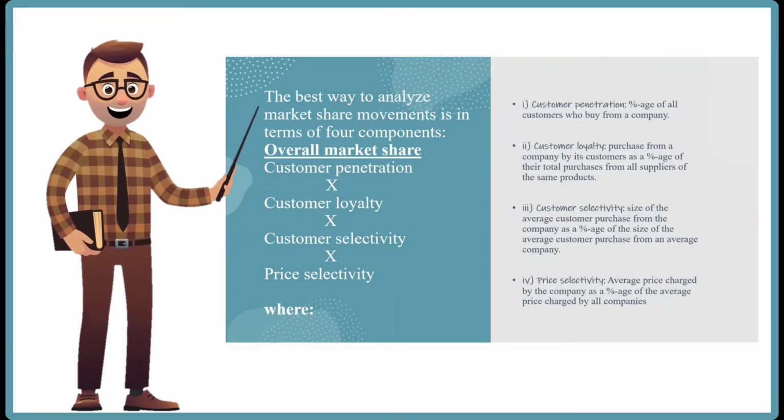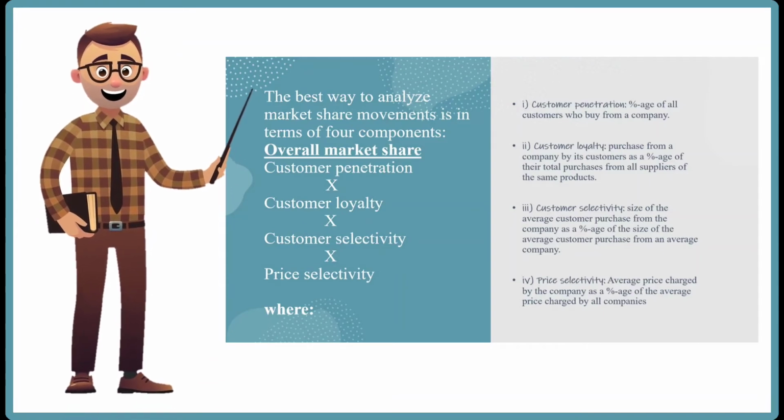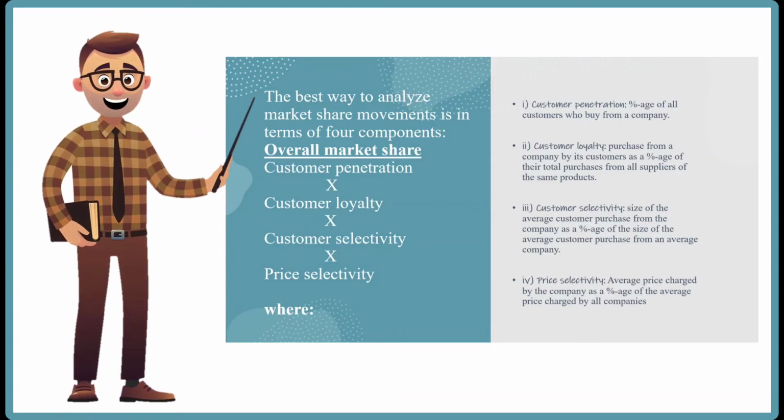The best way to analyze market share movements is in terms of four components. Overall market share is equal to customer penetration multiplied by customer loyalty multiplied by customer selectivity multiplied by price selectivity, where customer penetration is the percentage of customers who buy from a company.